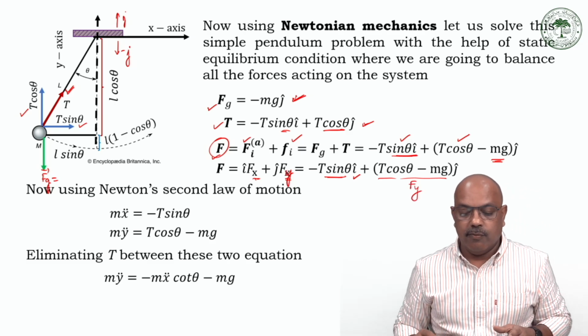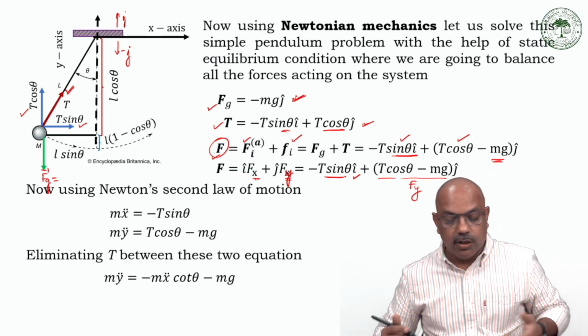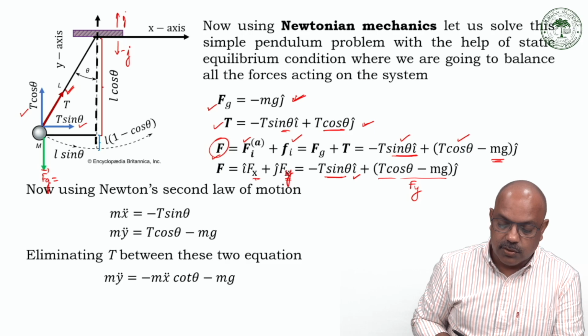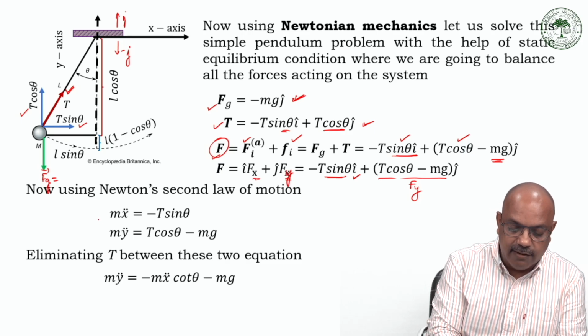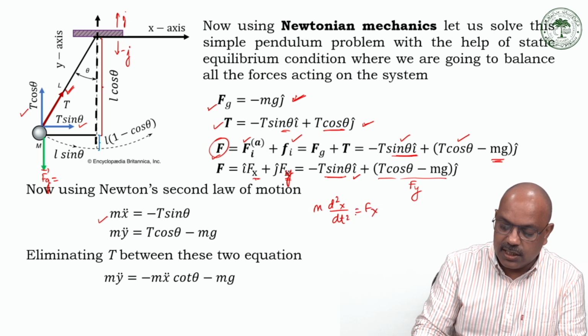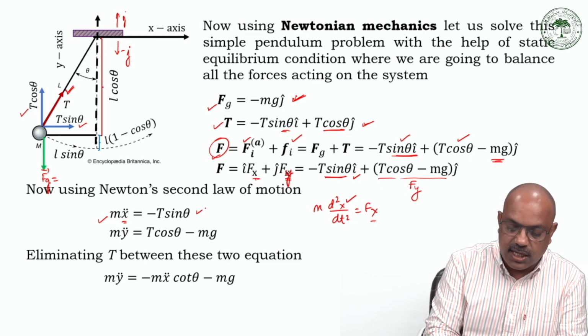Now once we have the Fx and Fy components, because we are doing Newtonian mechanics, these are independent. So along x, I can have m d2x by dt square is my Fx, where d2x is x double dot, and Fx is my minus t sine theta.